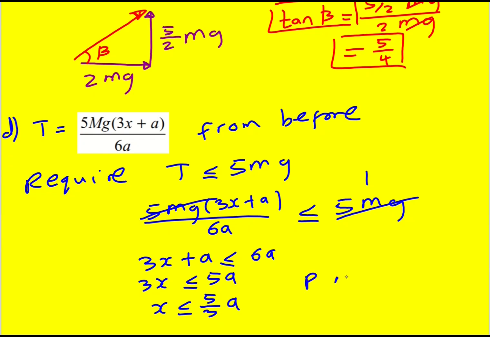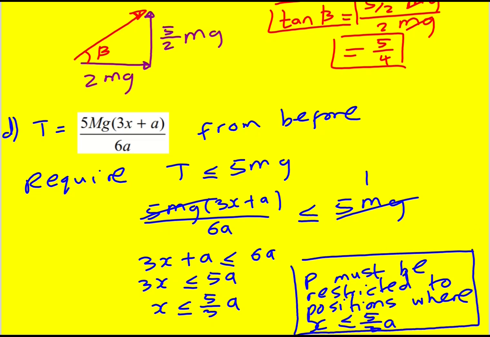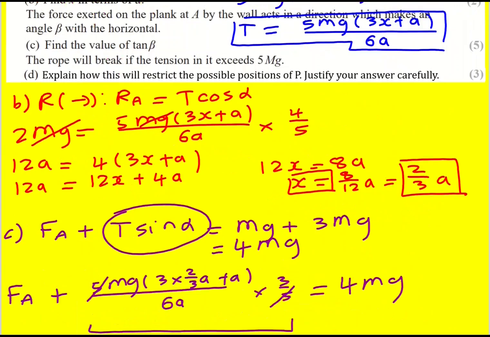Therefore, P must be restricted to positions where x less than or equal to 5 over 3 a. And we've done the calculation, and provided that's true, the tension will be less than or equal to 5 mg. If you go beyond it, then it will be greater than 5 mg.